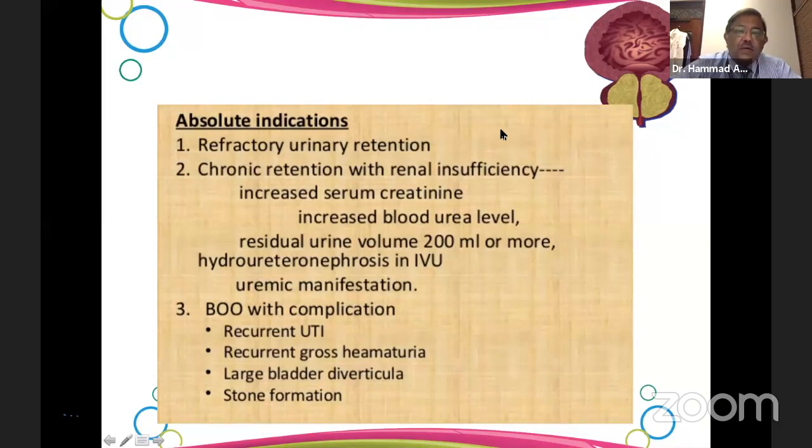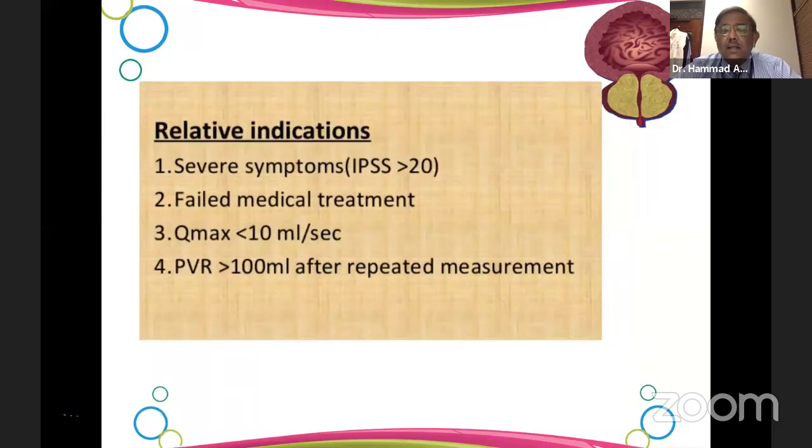Or patients who've got chronic retention with bladder outlet obstruction resulting in obstructive uropathy. They are also the ones who would require surgical rather than medical treatment. Those who have complications like recurrent urinary tract infections, hematuria, bladder diverticulum, chronic inflammation, bladder stones are again the ones.